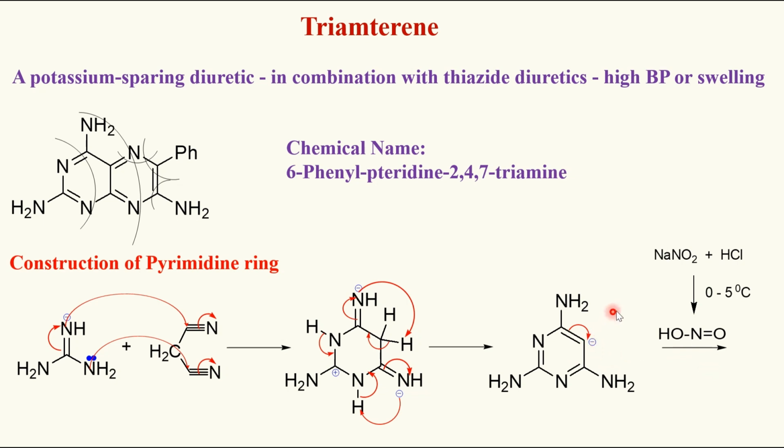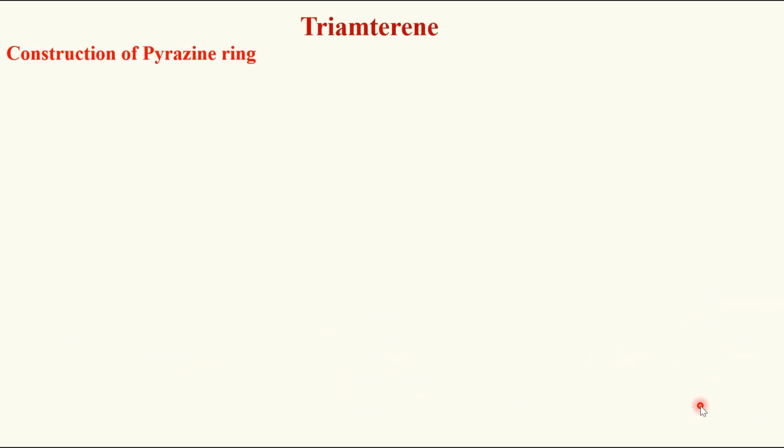These excess electrons form a bond with nitrogen, and the OH gets kicked off. I'll get the corresponding nitroso derivative. I got the nitroso compound, 5-nitroso 2,4,6 triamine pyrimidine.